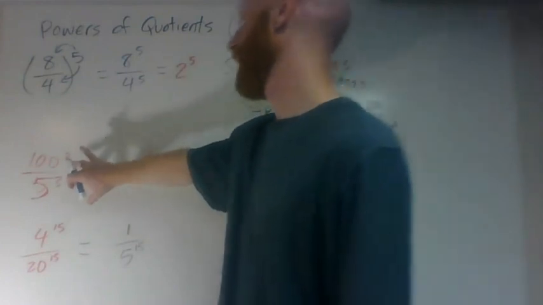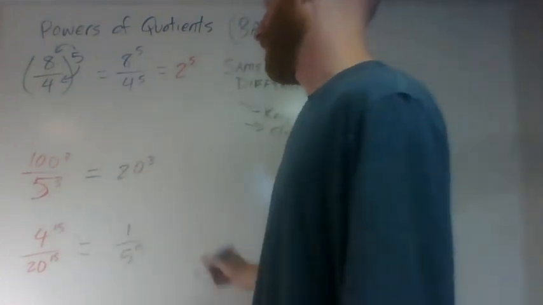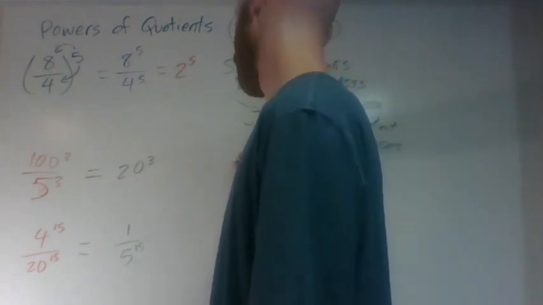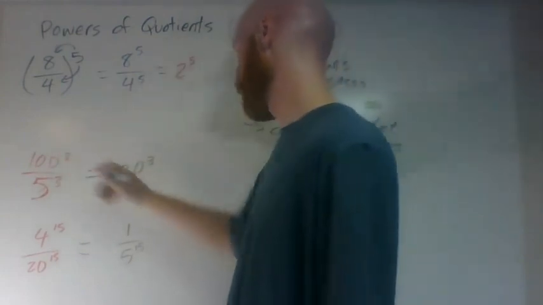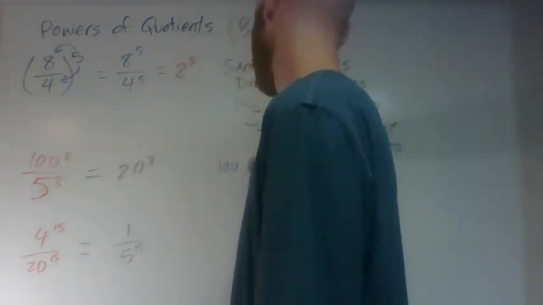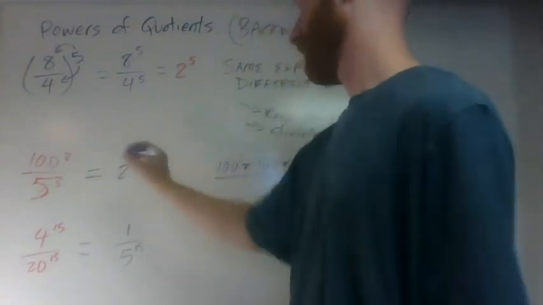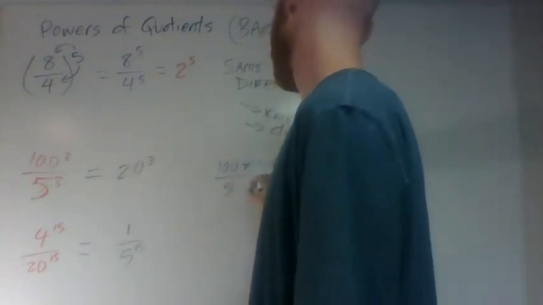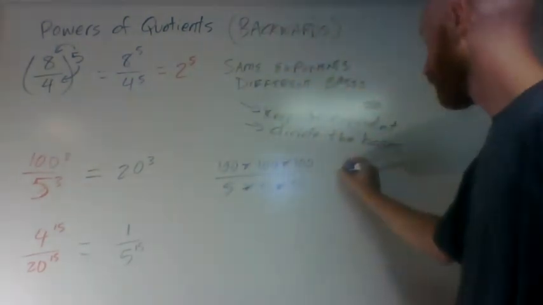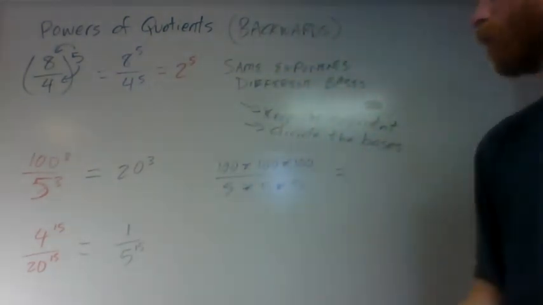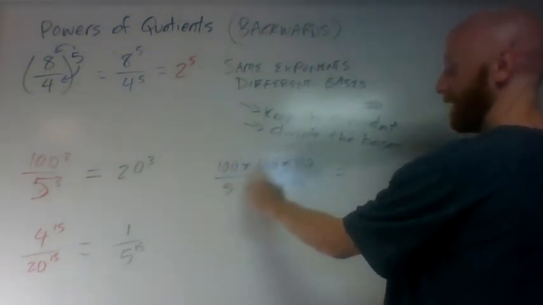If I expand the powers of quotients, if I expand the numerator, 100 times 100 times 100, and I expand the denominator, 5 times 5 times 5, and then I apply laws of fractions, I can divide each of these separately.